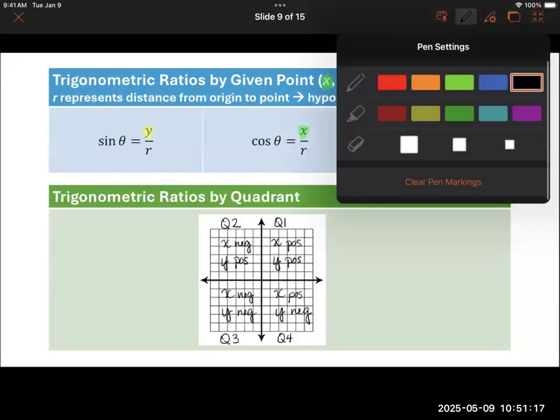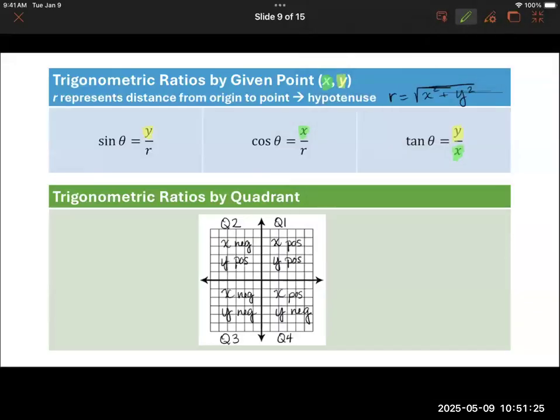So if that is the case, then that means the sine of an angle with a terminal side in quadrant 1 will always be positive because our Y is positive.